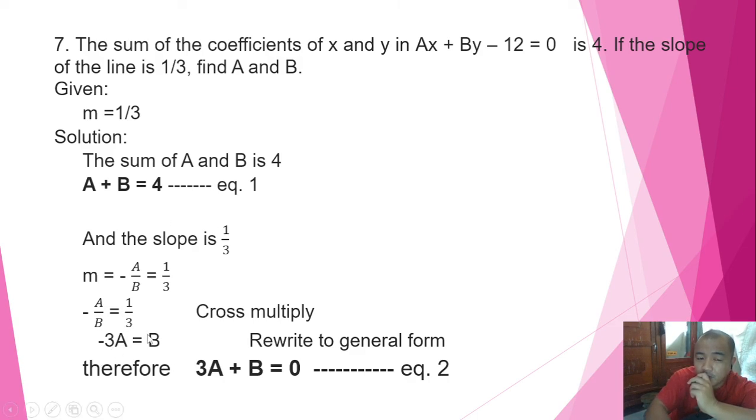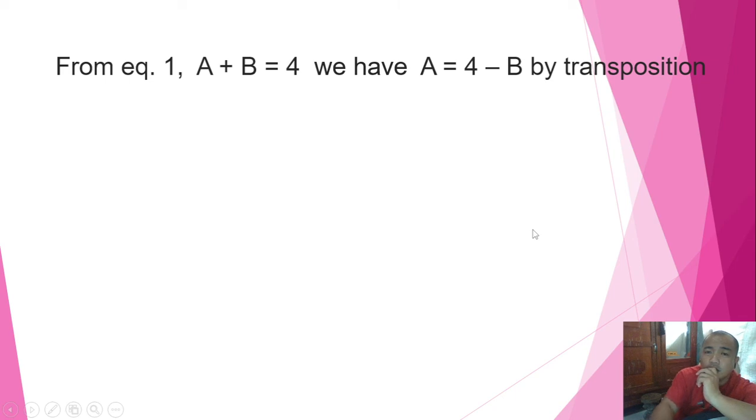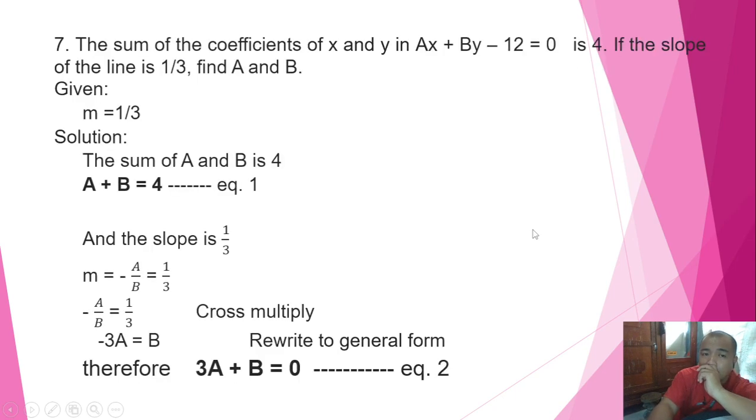Transpose negative 3a to this side, becoming positive 3a plus b equals 0. Equation 2. Equation 1 is a plus b equals 4 because the sum of a and b is 4. So we can now solve this by substitution or elimination method.